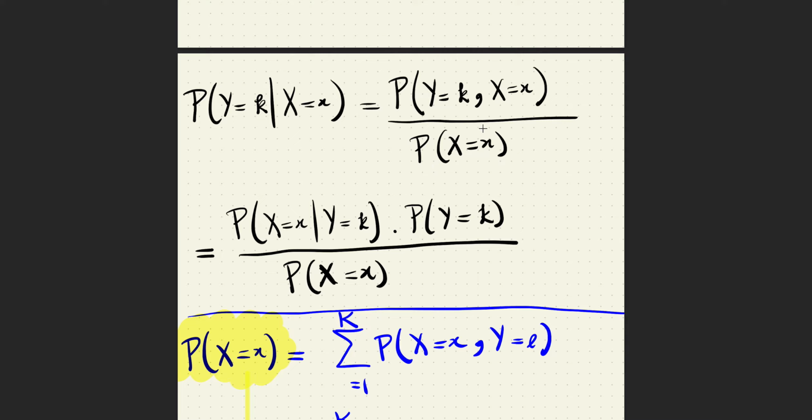We call this the marginal probability or sometimes density of x. Why marginal? Because it does not depend on what the response category is. So what is the distribution of x regardless of the response category? That's p of x.